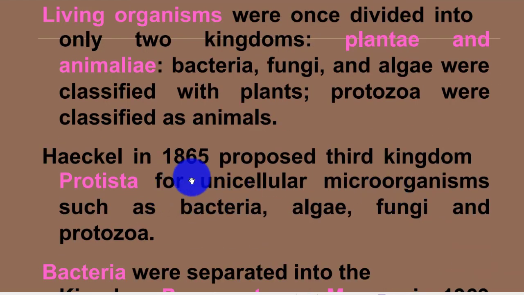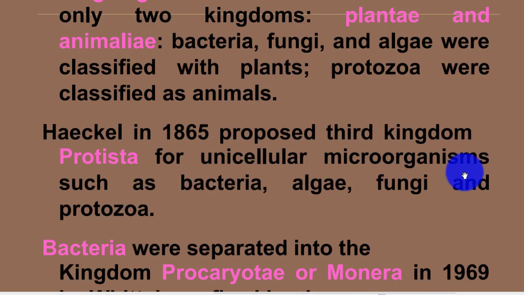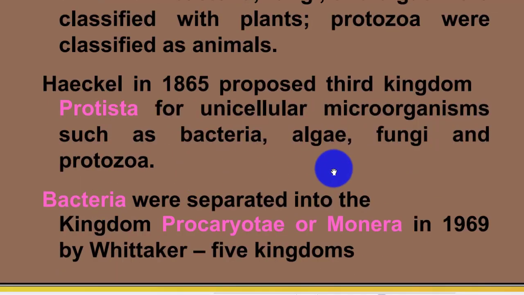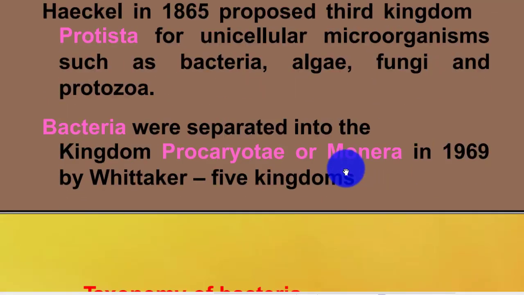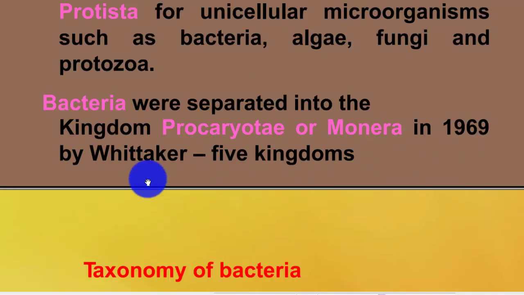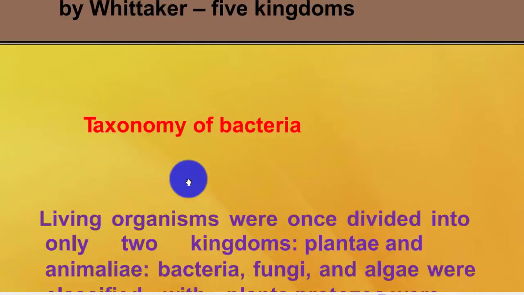Haeckel in 1865 proposed a third kingdom, Protista, for unicellular microorganisms such as bacteria, algae, fungi, and protozoa. Bacteria were separated into the kingdom Prokaryote or Monera in 1969 by Whittaker. He divided it into 5 kingdoms.